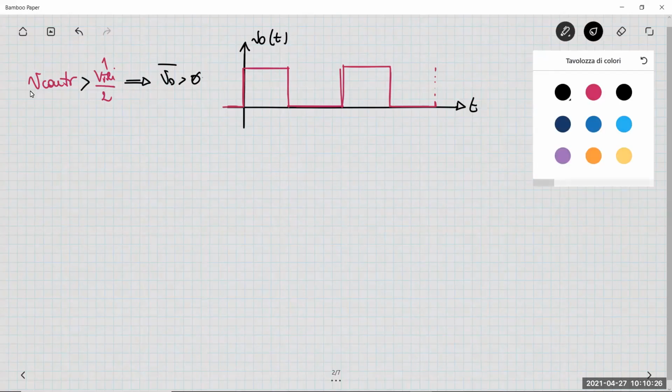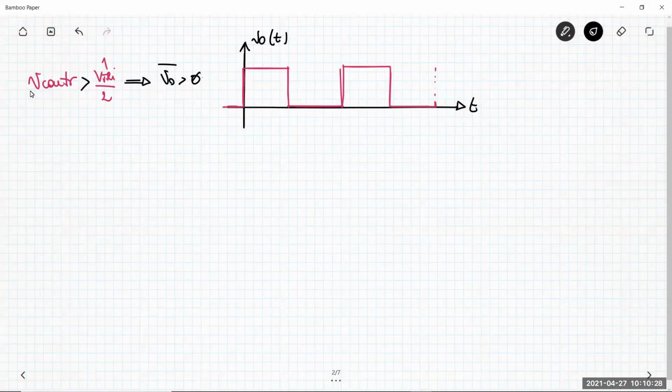We learned in the previous lecture that the period of this waveform is twice the switching frequency. This top level is Vd, this lower level is 0. So the average value is positive, and it is represented by this dashed line here.